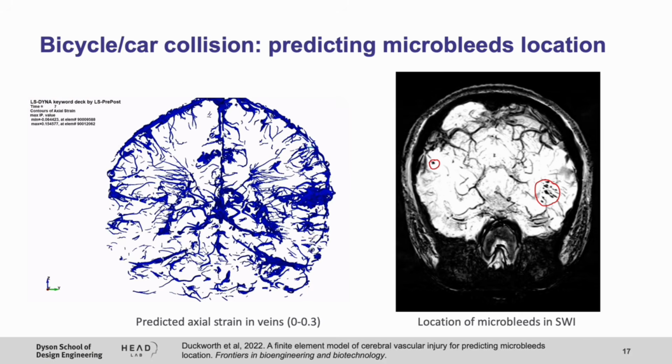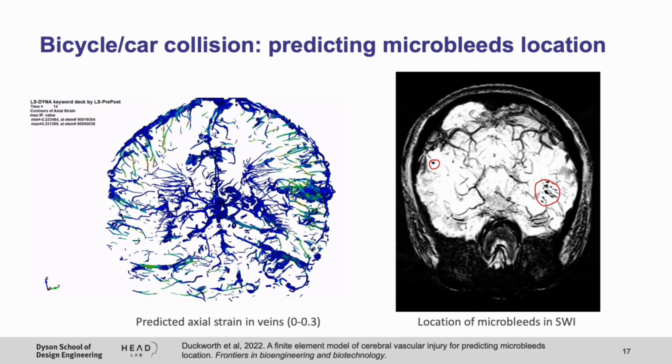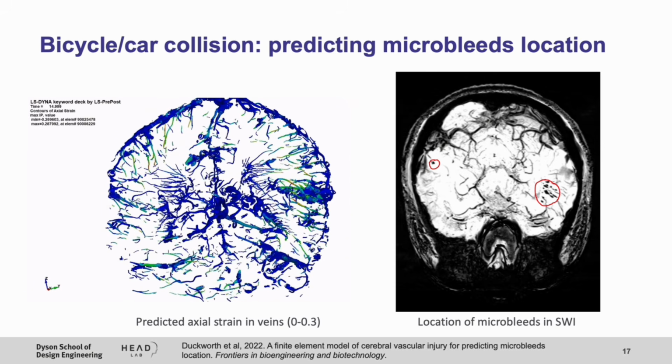Well, what is interesting is that that location actually does correlate with where we have seen microbleeds in the same patient. So this is the location where there is small blood that has extravasated, that has exited from the venous system, and you can see this is quite abnormal on the so-called SWI imaging.